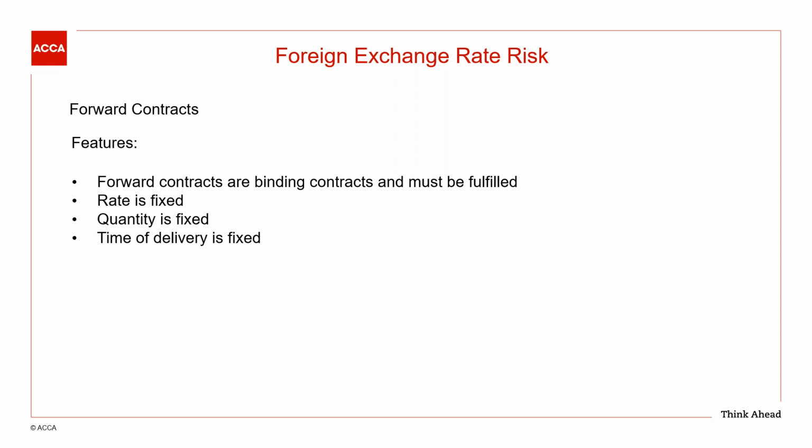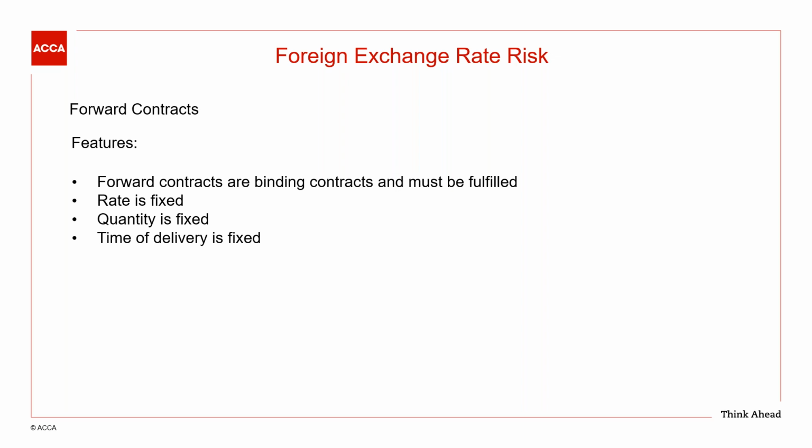But since the company would have entered into the forward contract, the company cannot escape from this forward contract. It has to fulfill this contract. It has to buy those 1,000 US dollars from the bank on the date fixed and at the rate fixed.